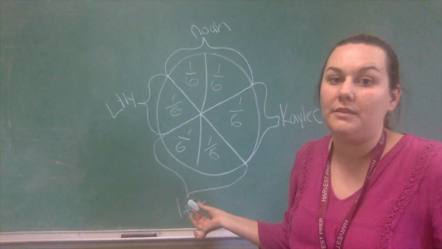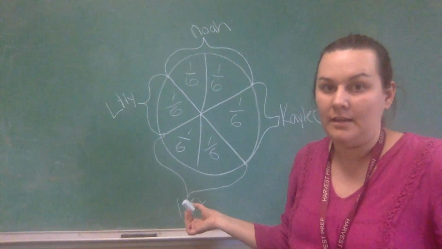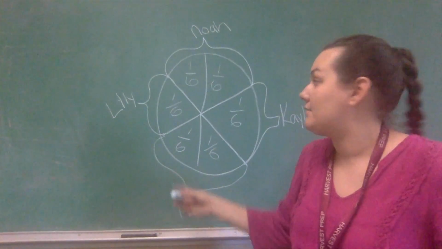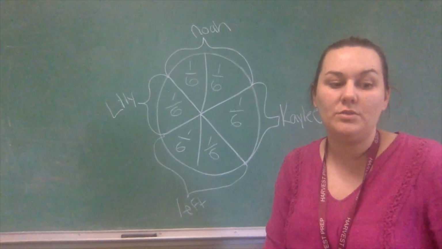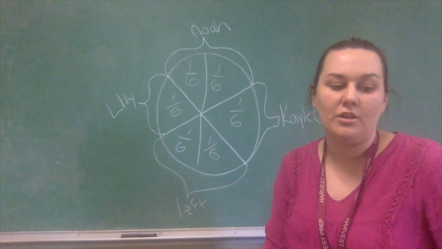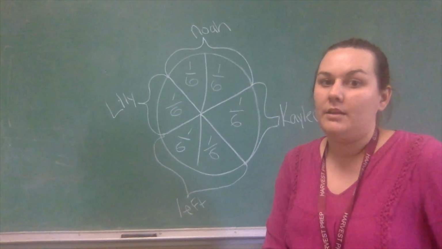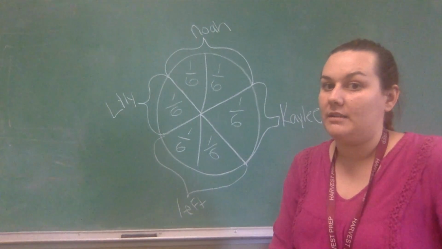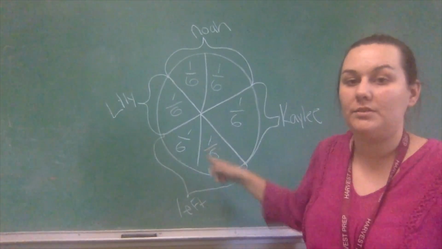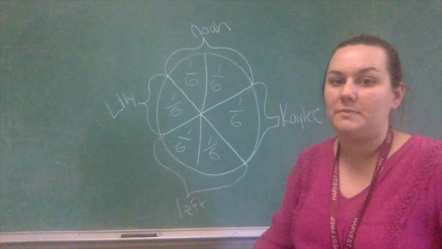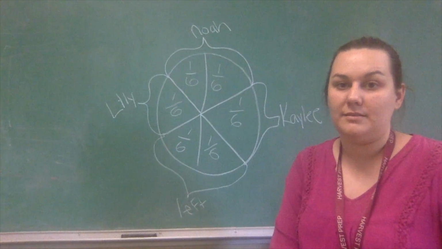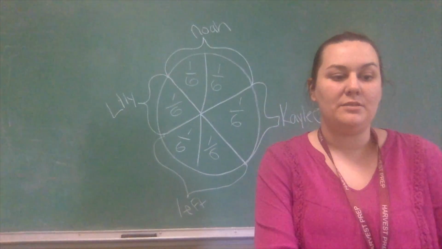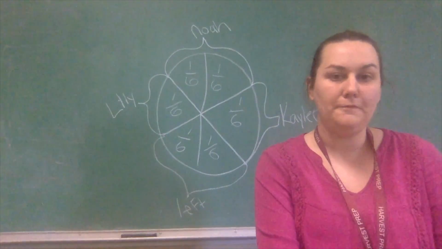If I started with 6/6 and I take away 5 of those 6, I'll only have 1/6 left. Either way, you can use subtraction or a picture, as long as you're working backwards. Now I can check that my answer makes sense. I drew all 6 of my pieces, and all 6 pieces are accounted for, so yes, my answer makes sense. Okay, so that is the strategy for lesson 5.